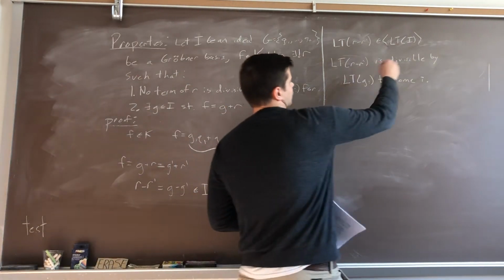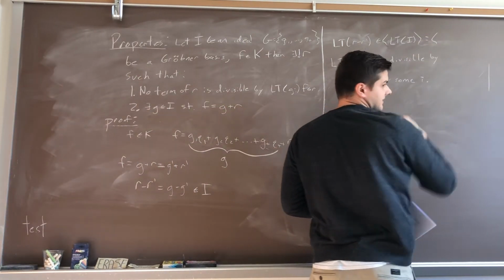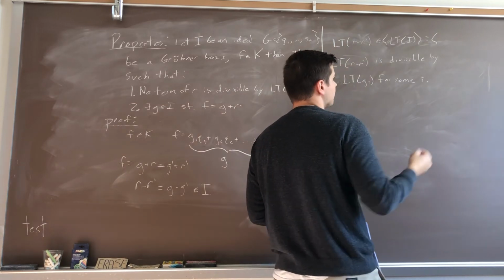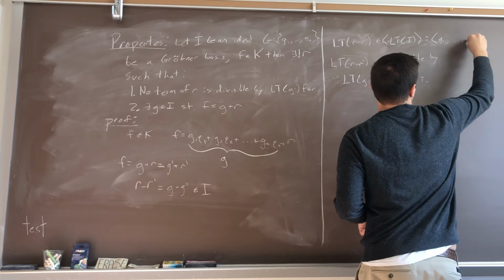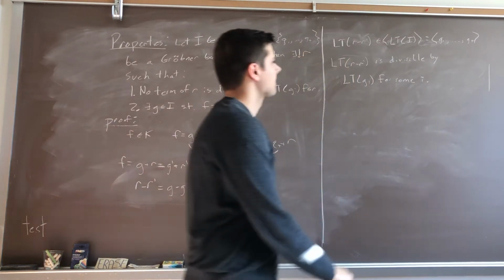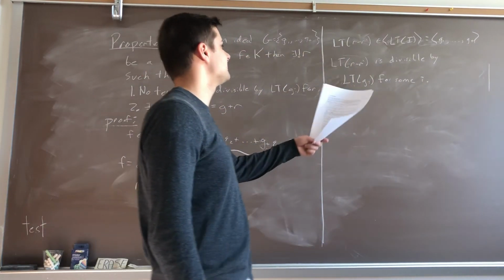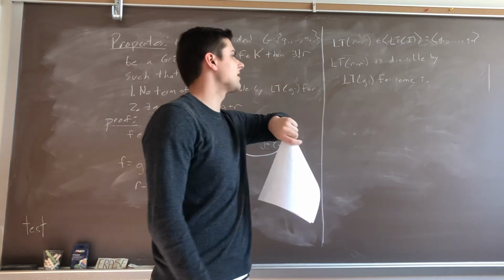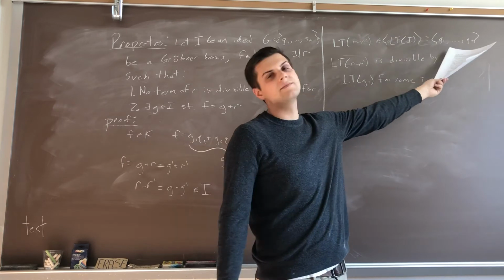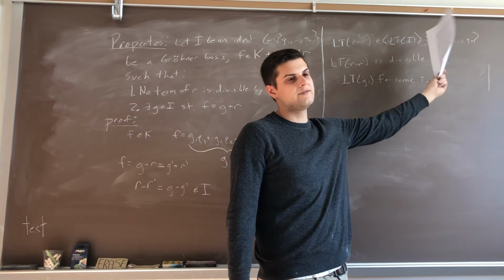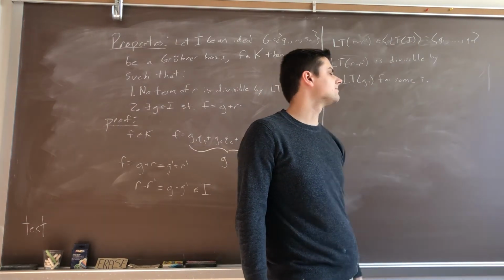I should mention this actually follows from the fact that this is the ideal generated by the g sub i. So basically, because this is an element in this ideal, we have a proposition that tells us that this is divisible by one of these leading terms.